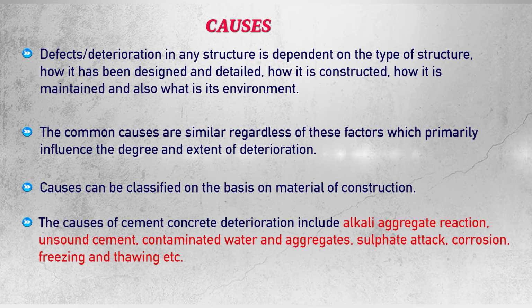The causes of cement concrete deterioration include alkali aggregate reaction, unsound cement, contaminated water and aggregates, sulfate attack, corrosion, freezing and thawing, etc. So, these are the different causes for deterioration of cement concrete.